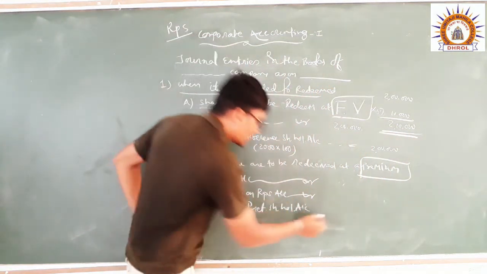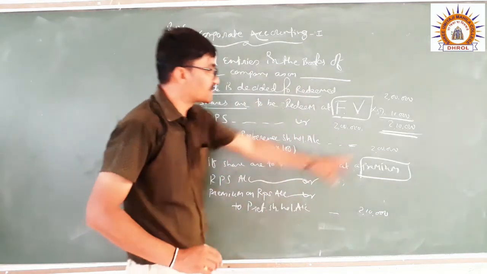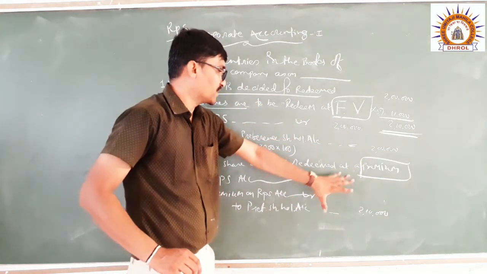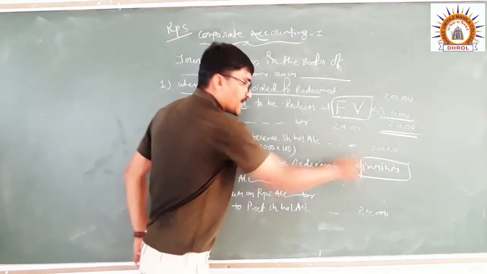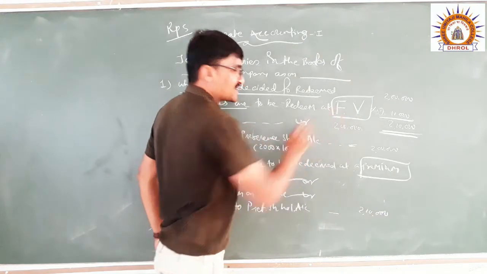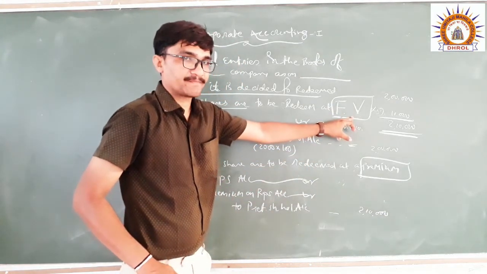So you should write here on the credit side 2 lakhs 10,000 instead of 2 lakhs, because in that case the shares are to be redeemed at a premium, and this is the face value, excluding the amount of premium.